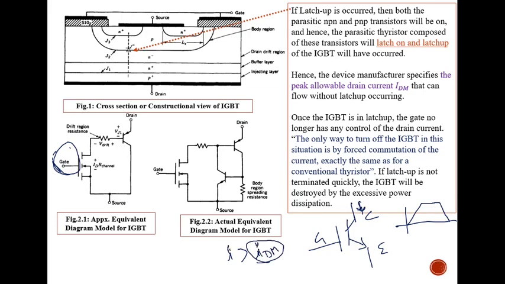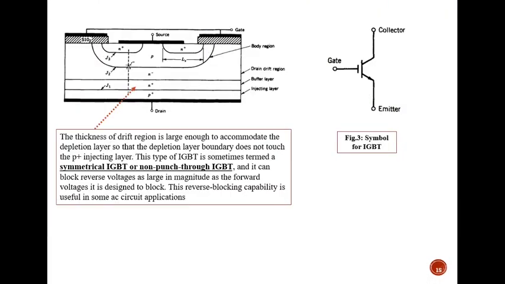If you increase the current through the device beyond this, the latch-up problem arises, and once it arises you cannot turn off the device. It will keep conducting by itself, which is not good. So you have to use forced commutation of the device.